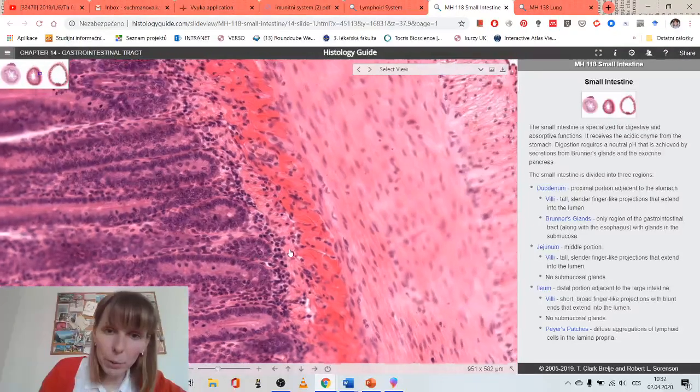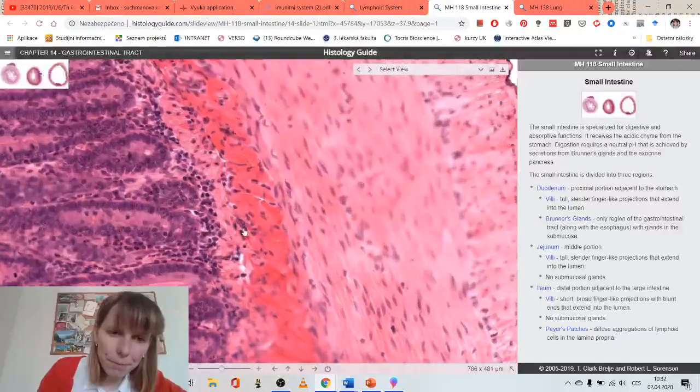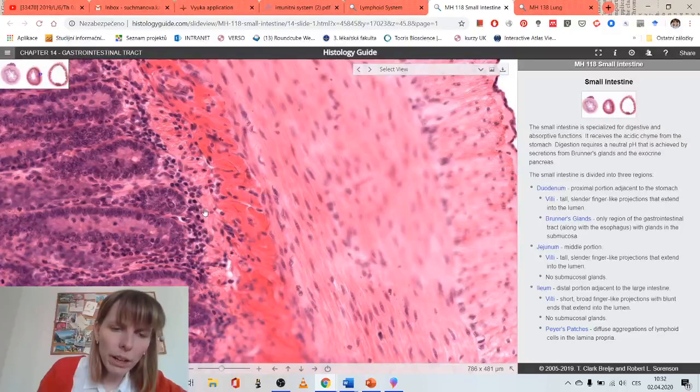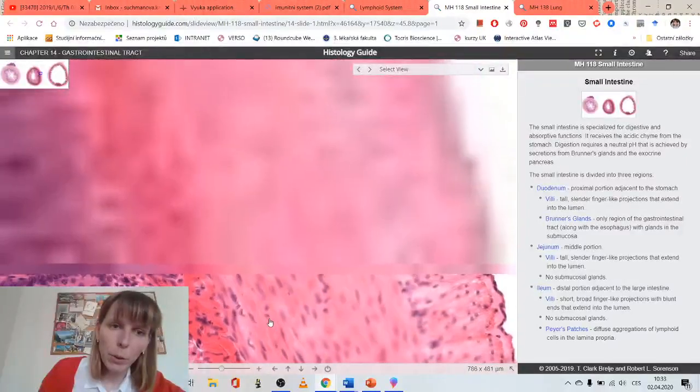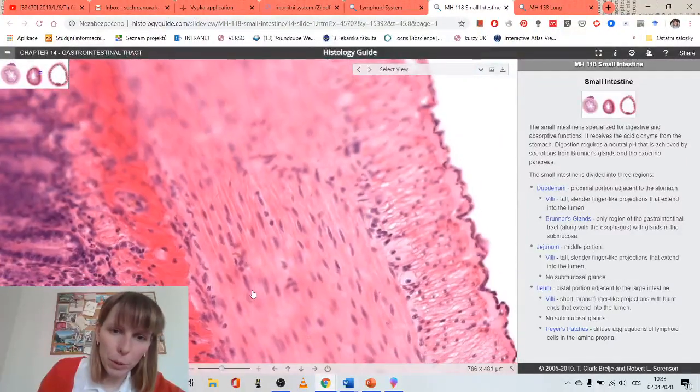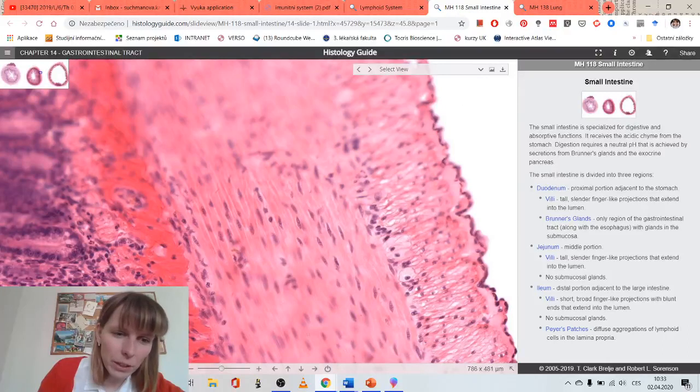So lamina propria. Then you have lamina muscularis mucosae, the thin layer of smooth muscle. Then you have submucosa. It looks very different from the slides that we had during our practices from our boxes, but you don't have to worry about it. This is dense irregular connective tissue with blood vessels, and this is smooth muscle.